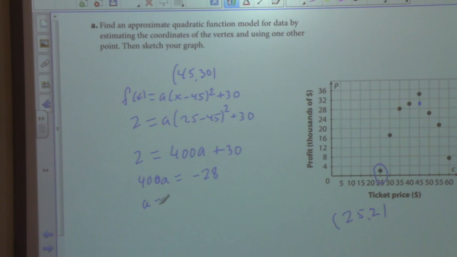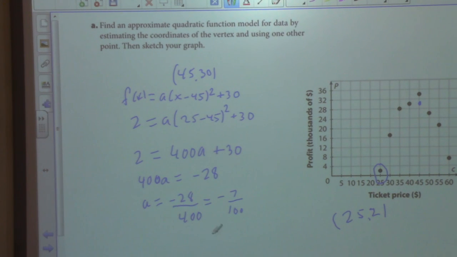So a is equal to negative 28 over 400. And I think that simplifies to negative 7 over 100. Is that it, Ben? Yeah. You see how I've got that? Divided by 4 here, divided by 4 here.